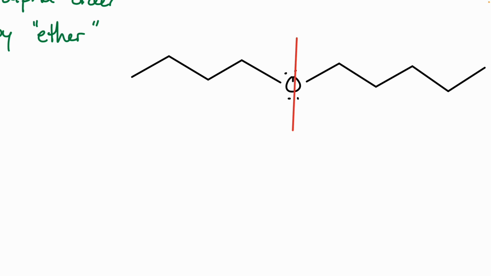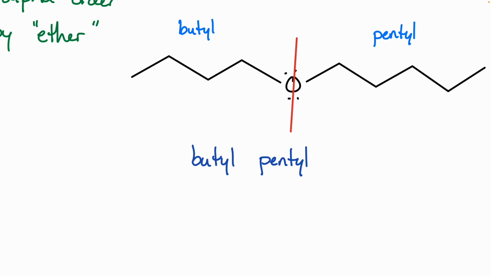All right, I'm going to chop this thing at this oxygen. I'm going to look on the left. We have 4 carbons, so that would be a butyl group. I'm going to look on the right. We have 5 carbons, so that would be a pentyl group. And then I'm going to assemble these in alphabetical order. So butyl, pentyl, followed by the word ether. Butyl pentyl ether.